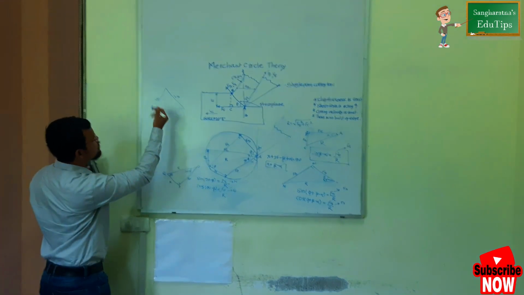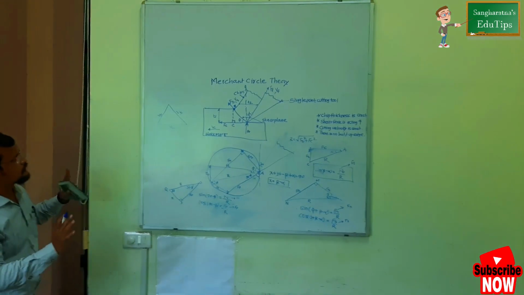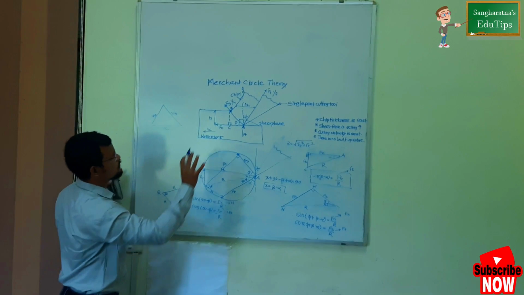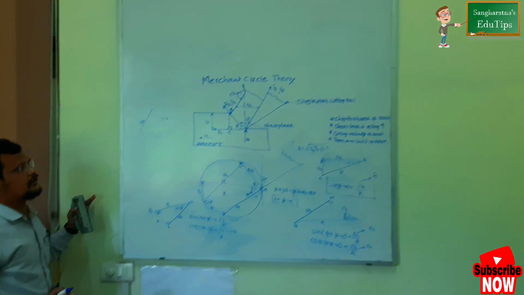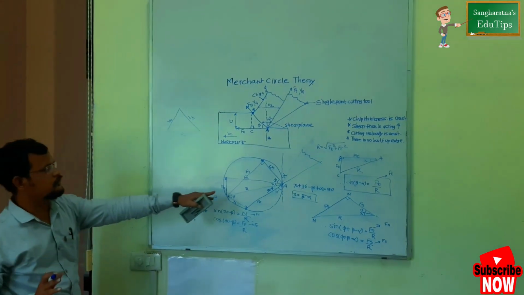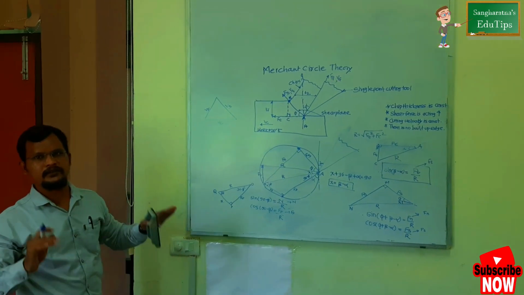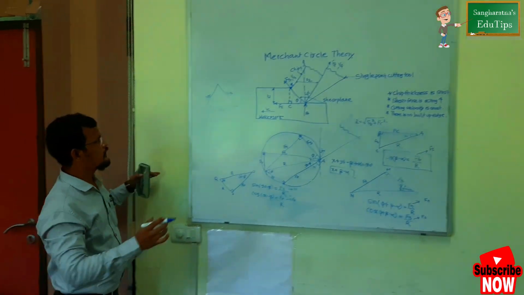Now, how are we going to calculate this? The very important thing, as I told you earlier also, is that you need to learn and understand this diagram, then only can you calculate the merchant circle and the cutting velocity and all, right?